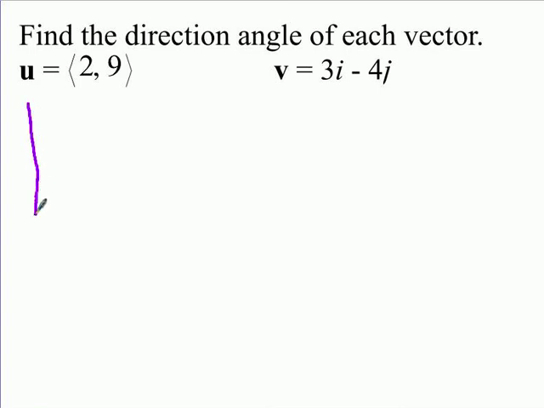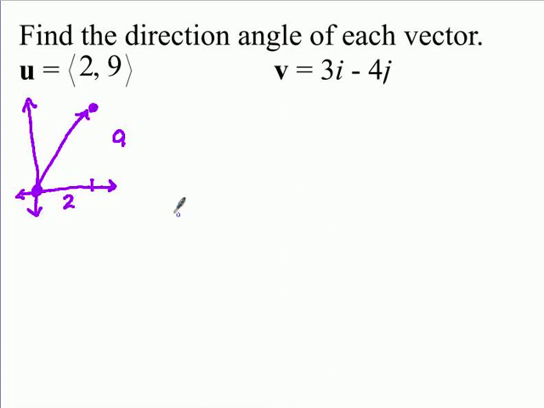The best way to view that is to draw a visual so that we can see what's going on. And I'm going to assume that that vector is starting at 0, 0. So a vector of 2, 9 means I'm going to go to the right 2 and up how many? 9. Okay? So that is really what my vector looks like.